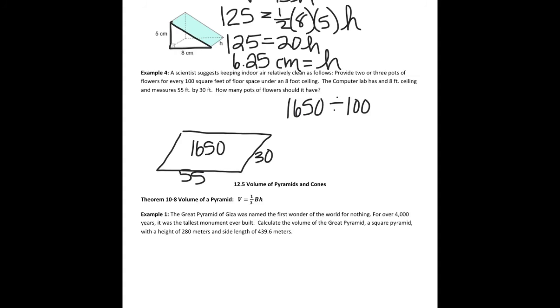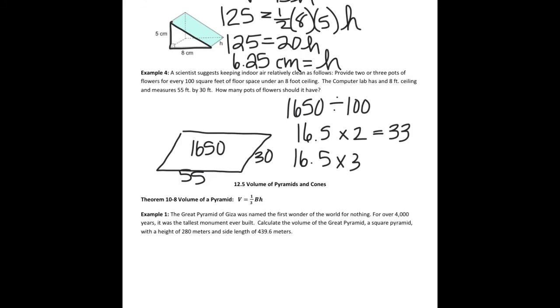So we have approximately 16.5 100-foot sections of space. So we need 2 or 3 pots for every 100-foot section of space. So we need to have no less than 33 pots.